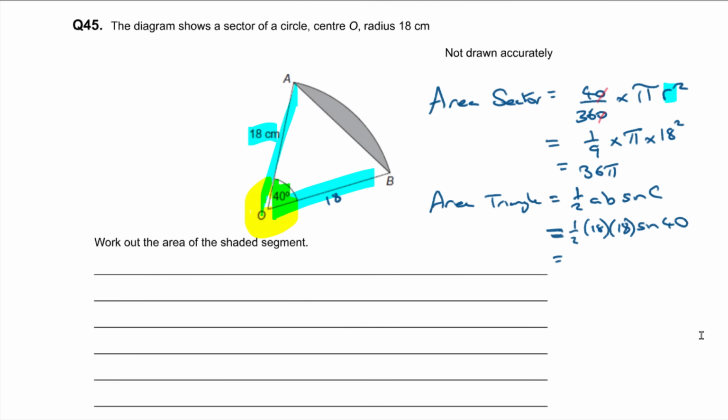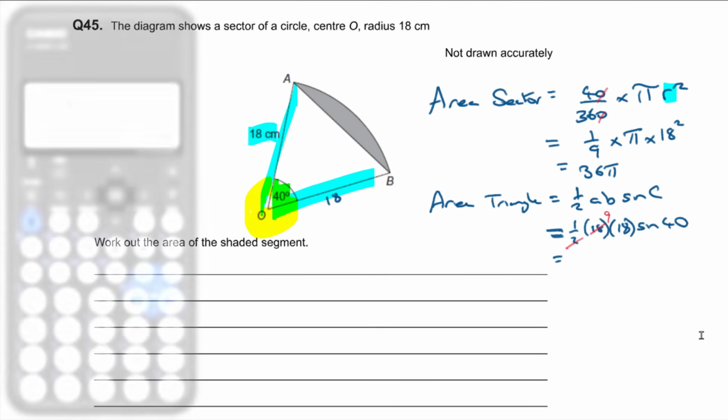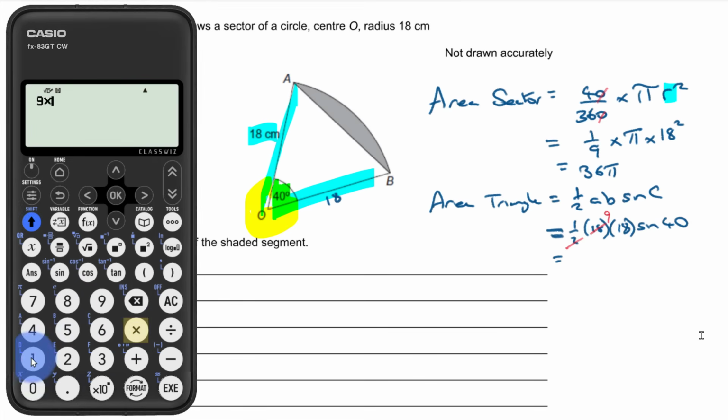Okay? So probably just going to cancel that into that, give me 9, and make it slightly easier to type into the calculator. 9 times 18 times the sine of 40, that comes out to be 104.1.